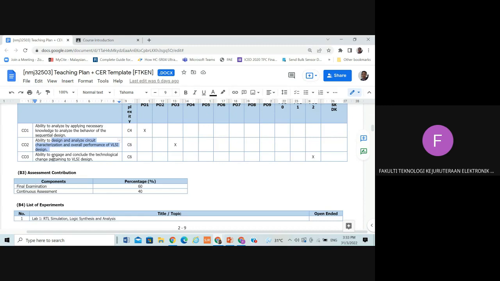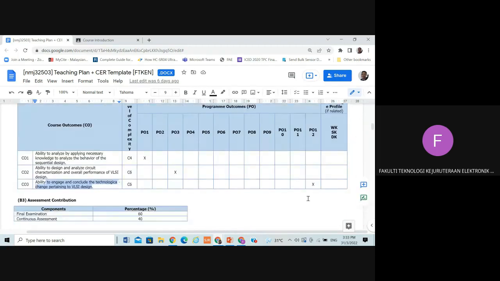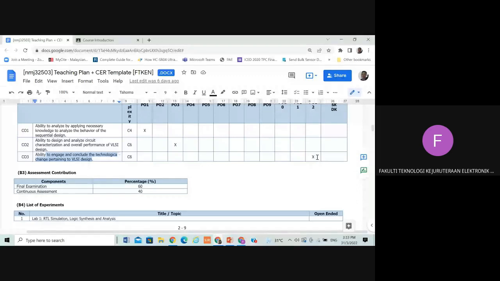And the last CO, the ability to engage and conclude on technological change pertaining to VLSI design. So this CO will focus more on the ability of the student to explore on their own. Maybe you go online, get a journal paper or a conference paper, do some reading, and explore in the scope of VLSI design, to look into the current technology on VLSI design.